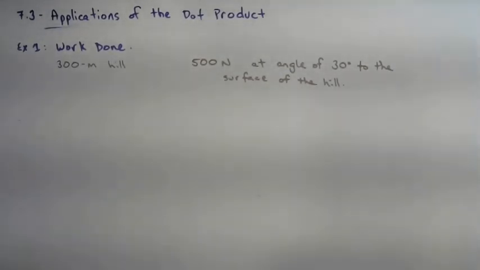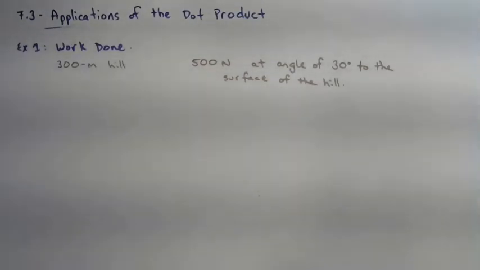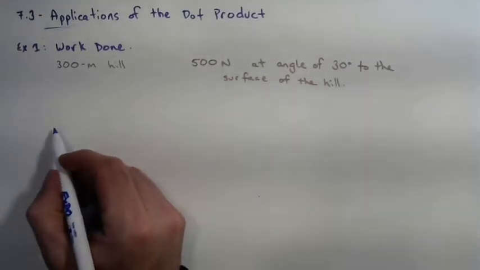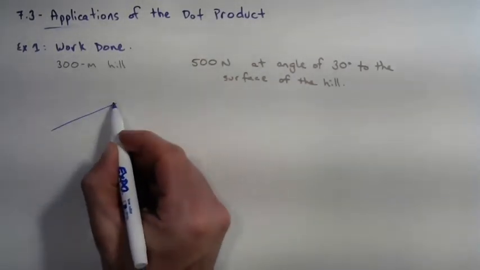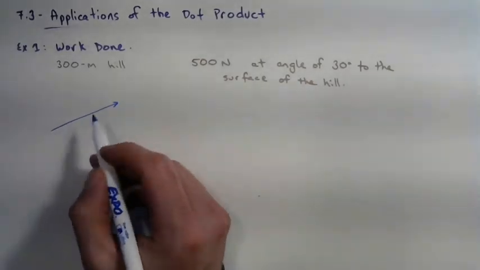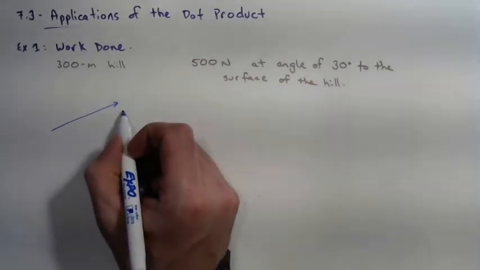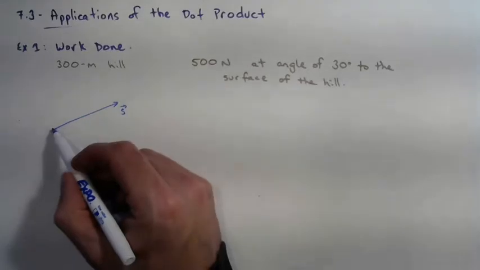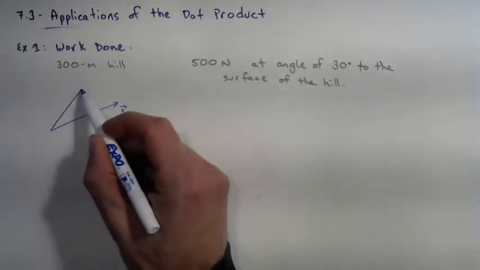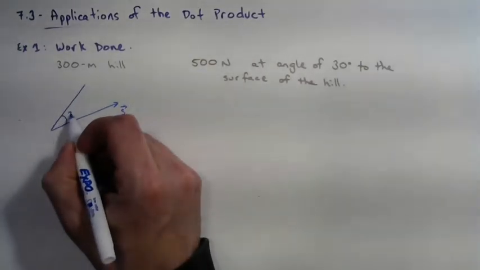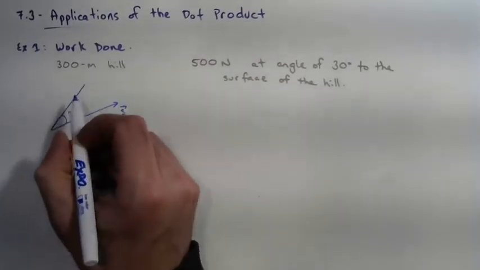All right, well, I could draw this out for us, but we might even be at the point where we can do this without drawing a diagram. She's going up a hill. Okay, she's applying, so this is our displacement vector then, right? Displacement, S. She's applying force at an angle of 30 degrees to the hill itself. So theta is 30.